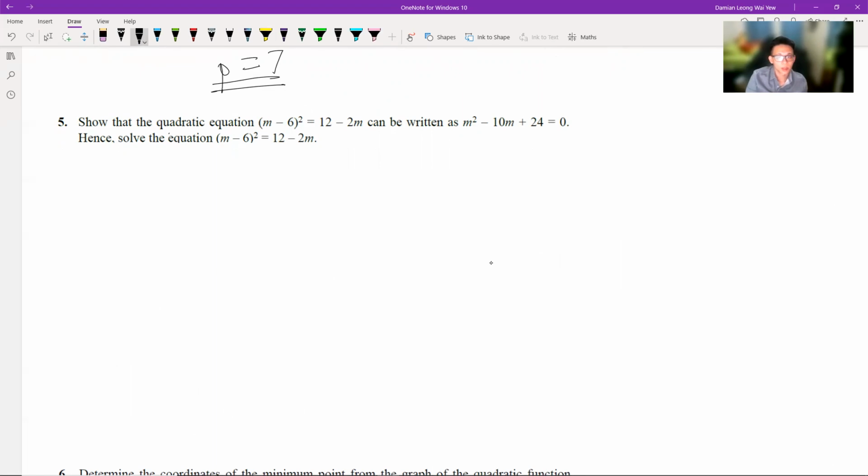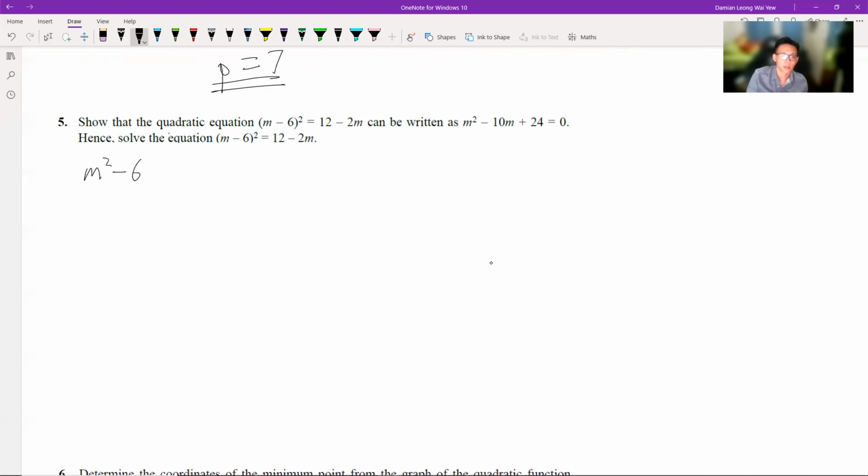So we just expand it first. Again, make sure you are able to expand your square correctly. Don't just square the m and square the 6. It is the same as m minus 6 times m minus 6. If you need to, you can even write out m minus 6 bracket m minus 6, then multiply one by one. But if you don't need that, then straight away you can write m times m, m squared.